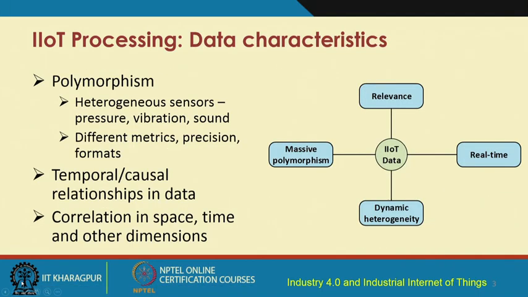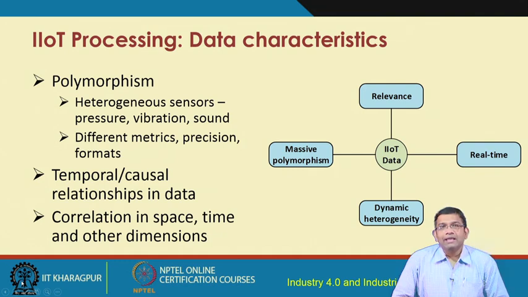How can we deal with this data? We need to first understand the type of data that we are receiving. The type of data that we receive can be characterized in different ways. First of all, this data has massive polymorphism in place. Massive polymorphism means we are talking about the use of a large number of different types of sensors: pressure sensors, vibration sensors, sound sensors, and a large number of other types of sensors could be used.